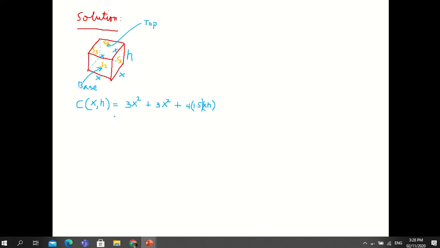We can also combine similar terms, so we have 6x squared, then plus, multiplying 4 by 1.5 is 6, so 6 times x times h. So this is our cost as a function of x and h.